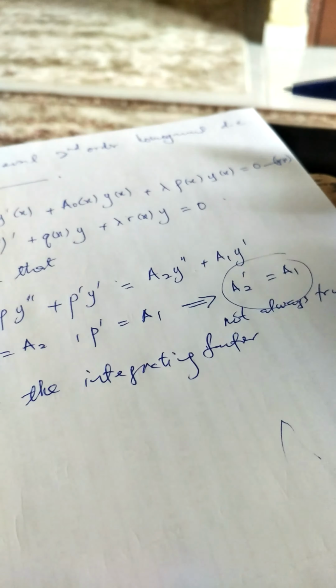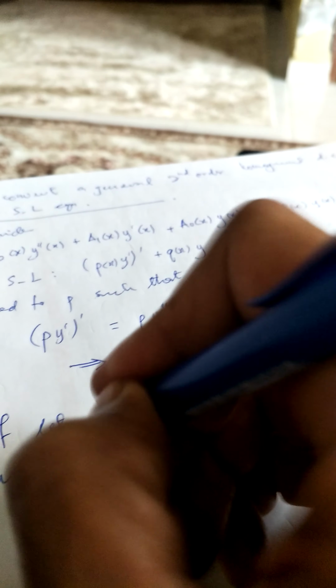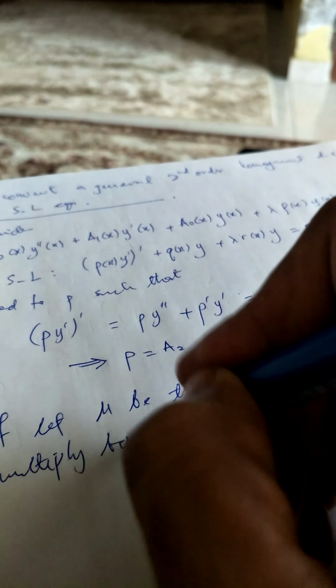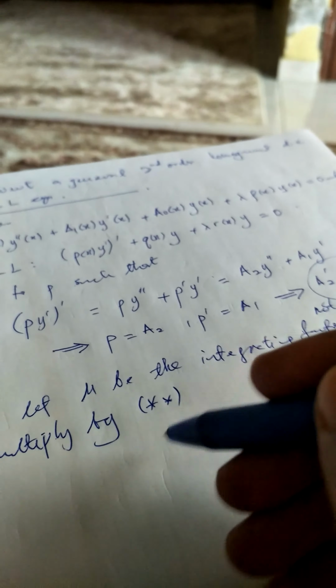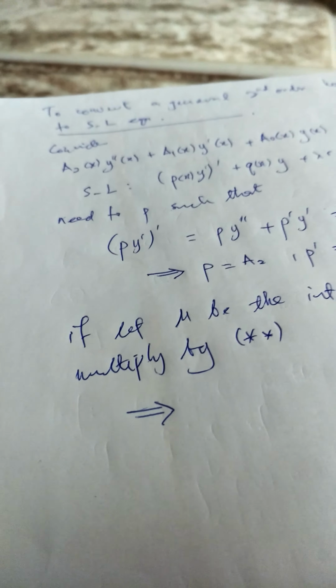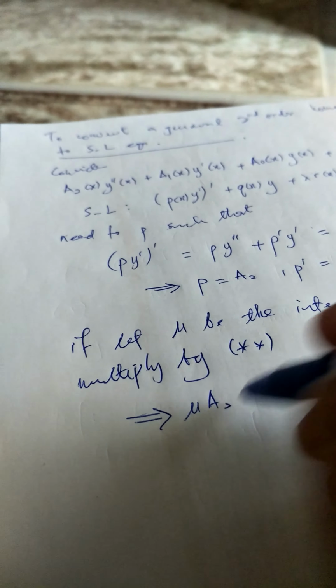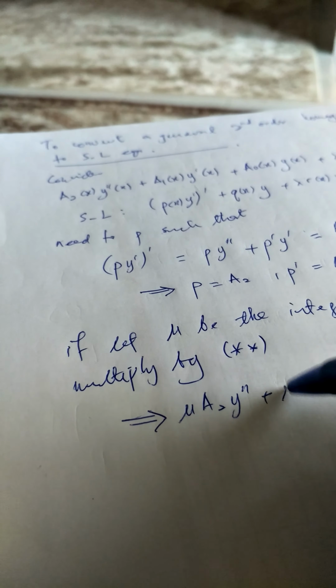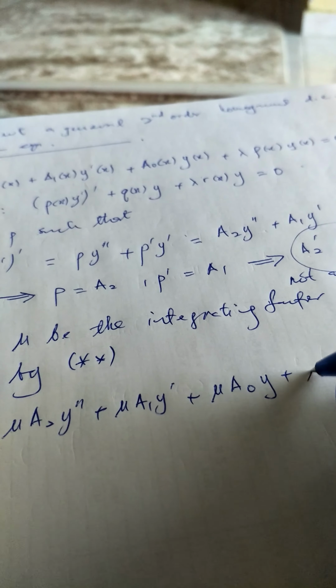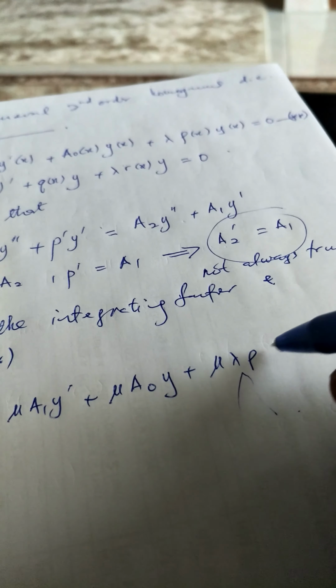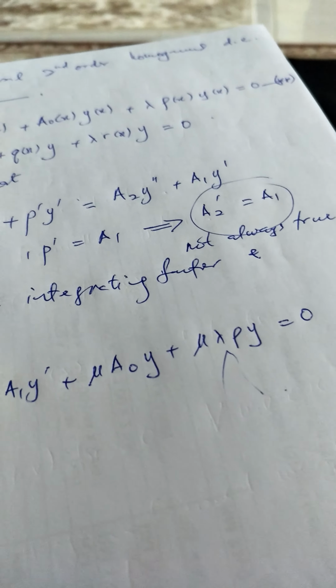If we multiply by double star, what do we get? We will get nu A2 y double prime plus nu A1 y prime plus nu A0 y plus nu lambda rho y equal to 0.